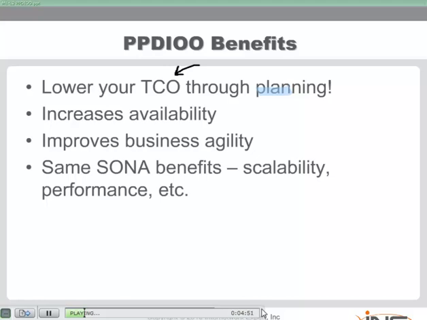Something else that we get as a benefit here is the increased availability and, of course, the increase in reliability of the network when it's properly constructed. The other thing about breaking down your network into these phases is, I love this, it improves business agility.